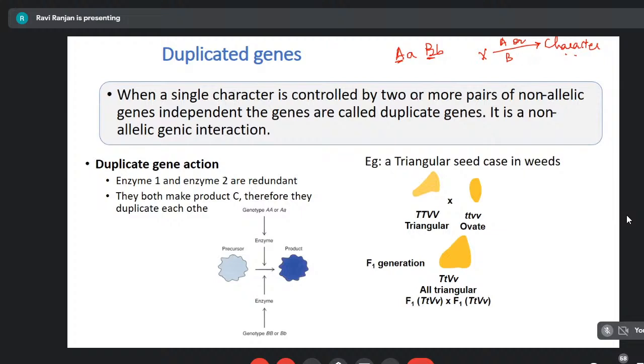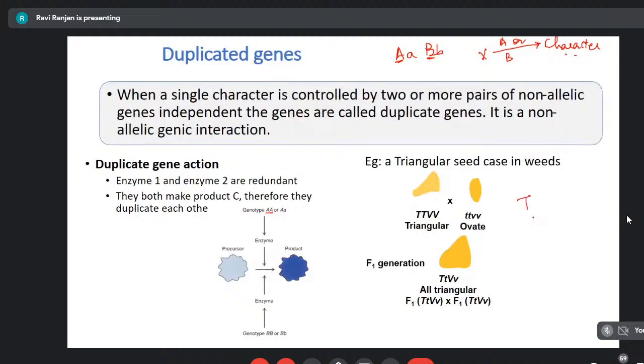When a single character is controlled by 2 or more pairs of non-allelic independent genes, it is called a duplicative gene. It is also a non-allelic gene interaction. Here you can see this is a precursor, and it is producing a product. The product of the A gene will result in converting the precursor into product, and the product of B will also result in converting the precursor into product. The example is the triangular seed case in certain wheats.